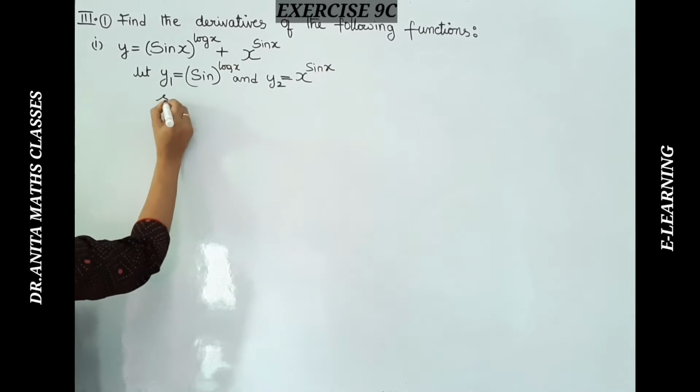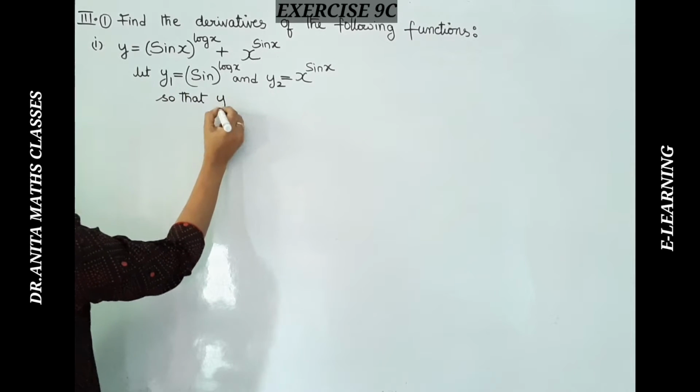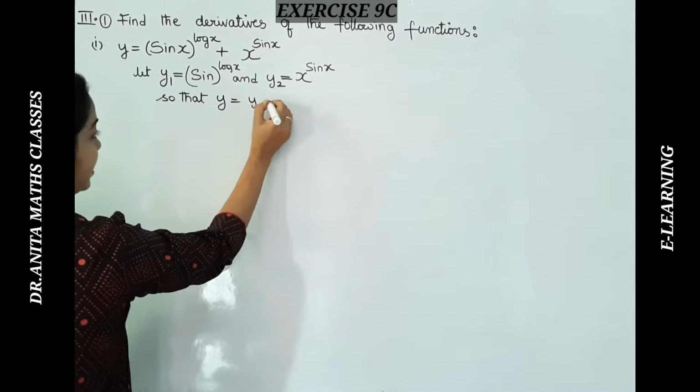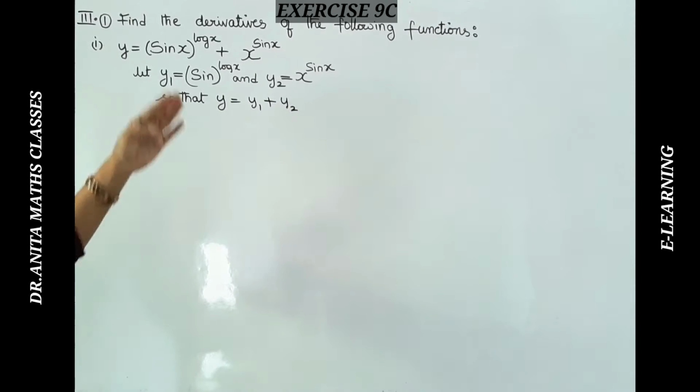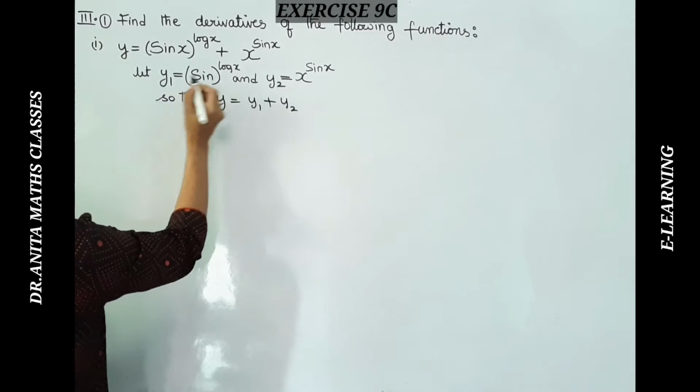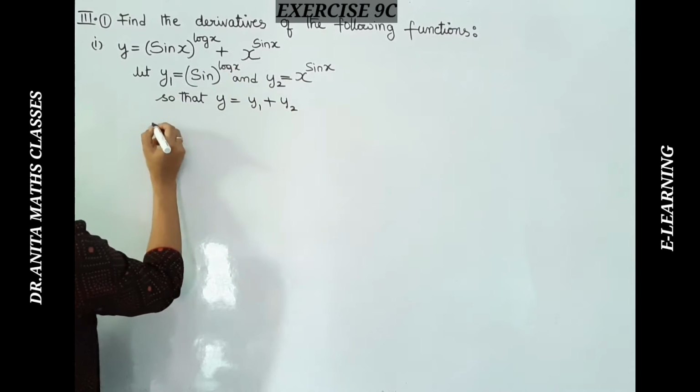So that what does our y become? Here our y will be equal to y1 plus y2, right? You can also take u and v also, right? Here now, to reduce the exponents, I need to go for the logarithms.